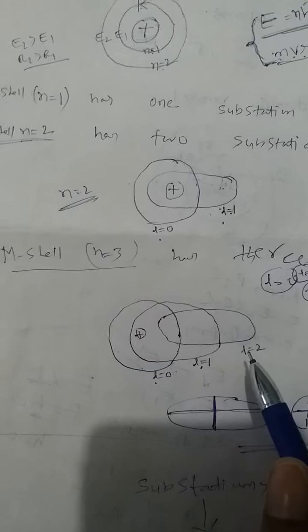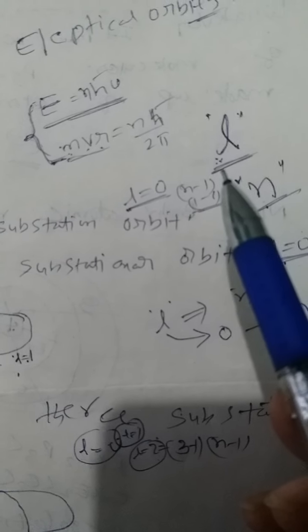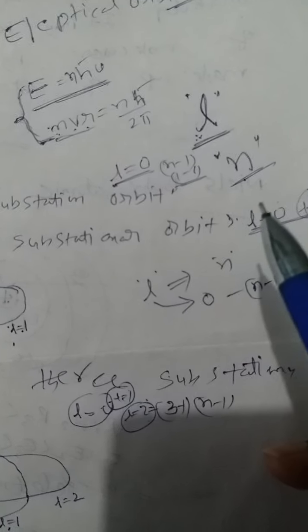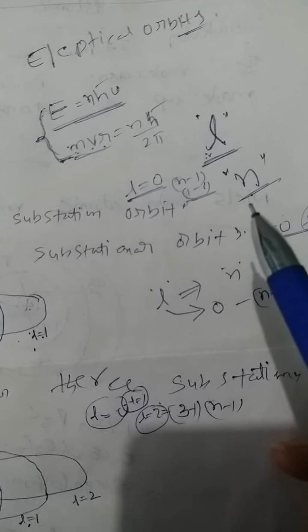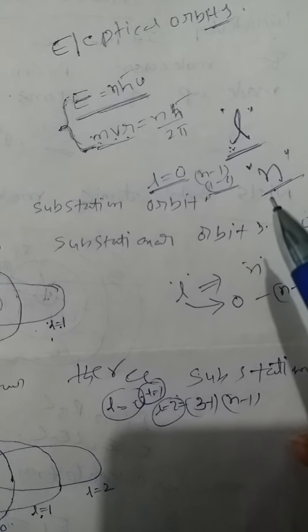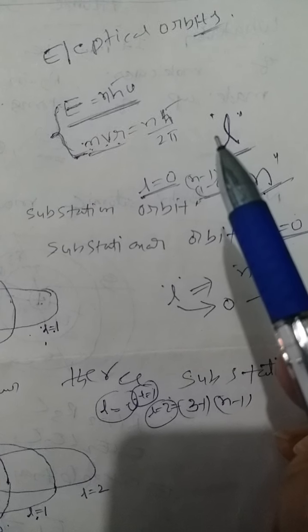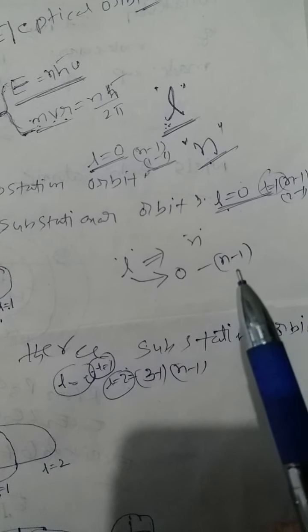So according to Sommerfeld, each stationary orbit has substationary orbits. The substationary orbits are denoted by L values. L values depend on n values. So each stationary orbit with n value has L values that start with 0 and end with n minus 1.